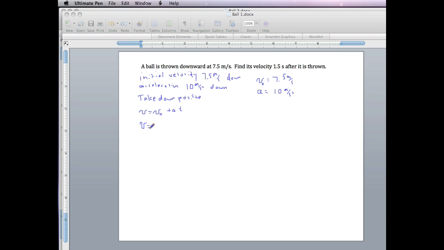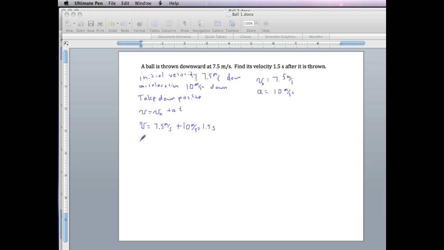Our initial velocity was 7.5 meters per second. Our acceleration was 10 meters per second squared, and the time was 1.5 seconds.